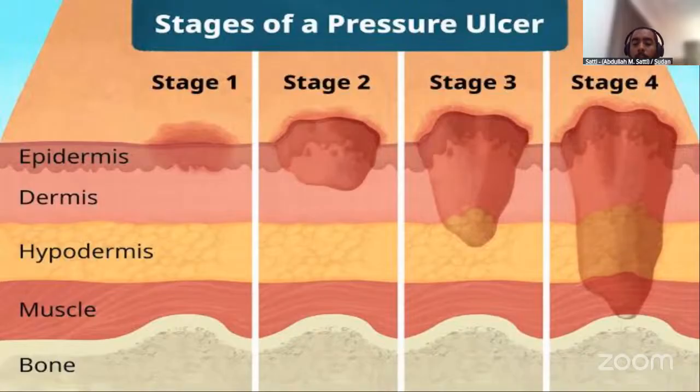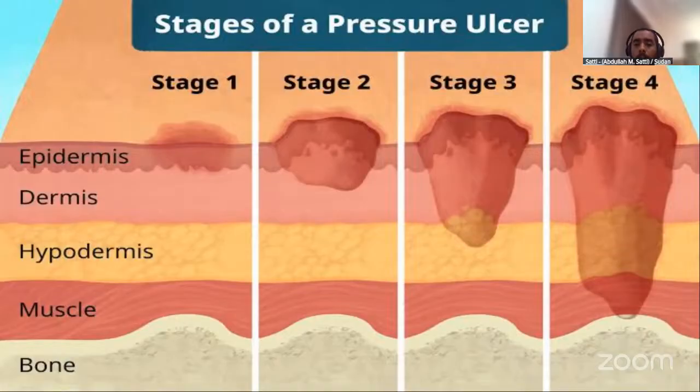And why is that? Because if you think about it, if you put your hand right now on a table and press on that table, you would feel little pressure on the hand. On the other side, if you put the prominence of your finger on the table, with the same power, you would notice that the pressure is even higher. This is exactly what happens in bony prominences of the body.